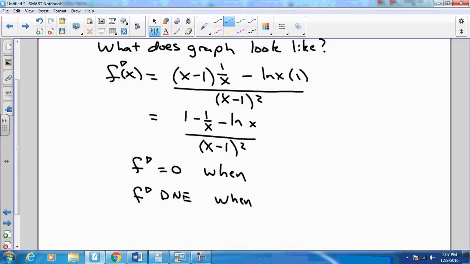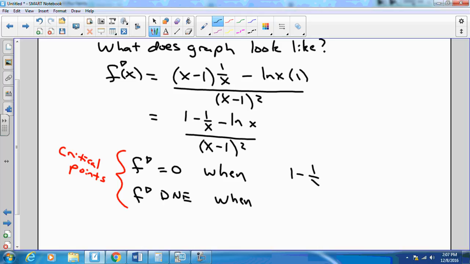Now I'm ready to find the critical points for f. And the critical points are the places where f prime is equal to 0 or where f prime does not exist. Well, where are those points? F prime is equal to 0 when the numerator of my fraction is equal to 0. Fractions can only be 0 if their numerator is 0.